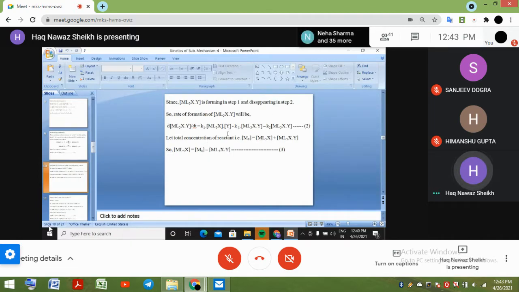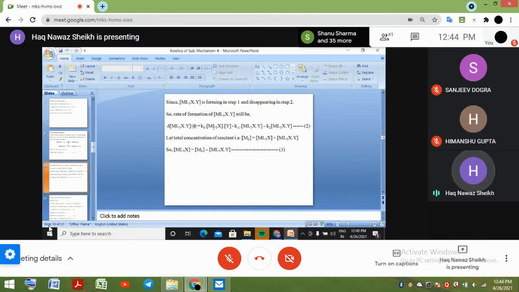But now, the total concentration of the reactant can be written as the unassociated part, and some part of it will be forming an ion pair, because this is not a real reaction. It is just a loose association of the substrate with the incoming group. So if I say that M0 is the total concentration of the reactant substrate, then a part of it is in the free state and part of it is present in the form of an ion pair.